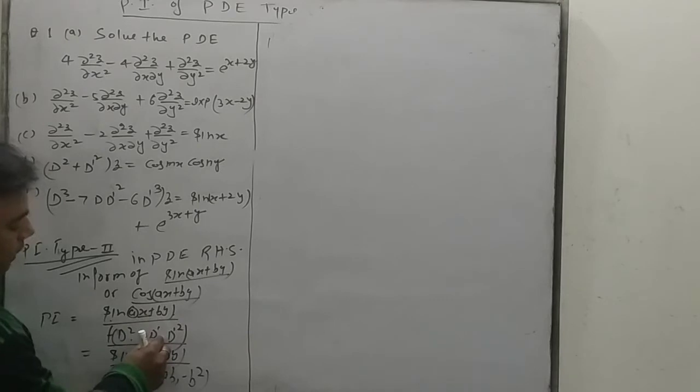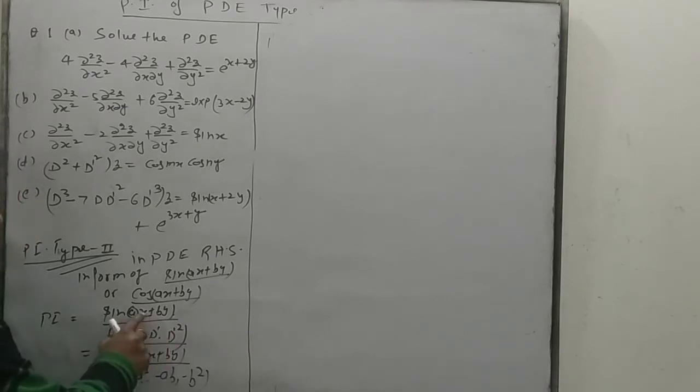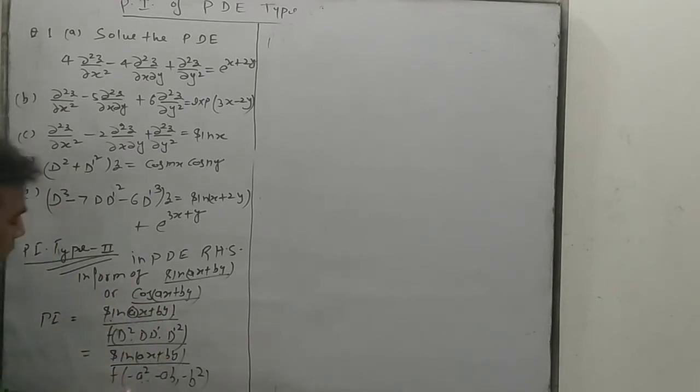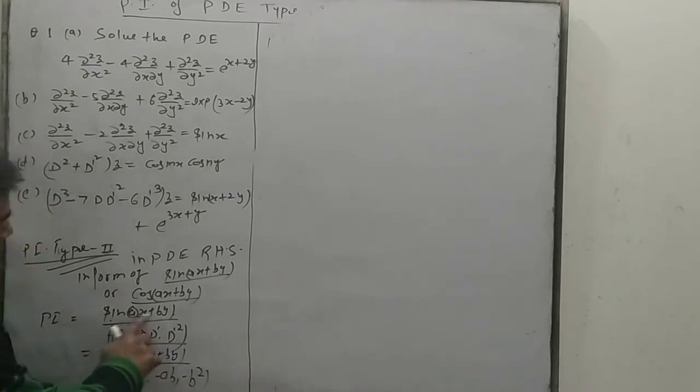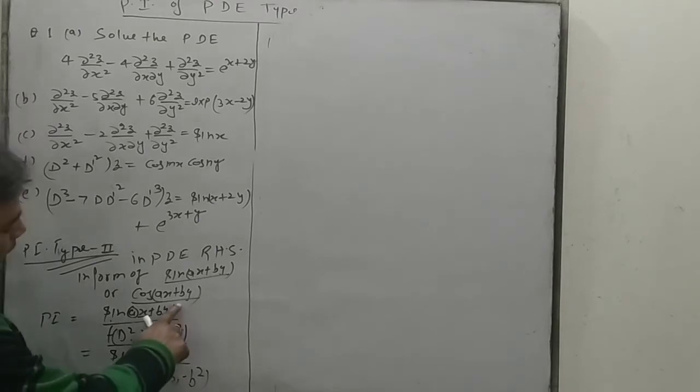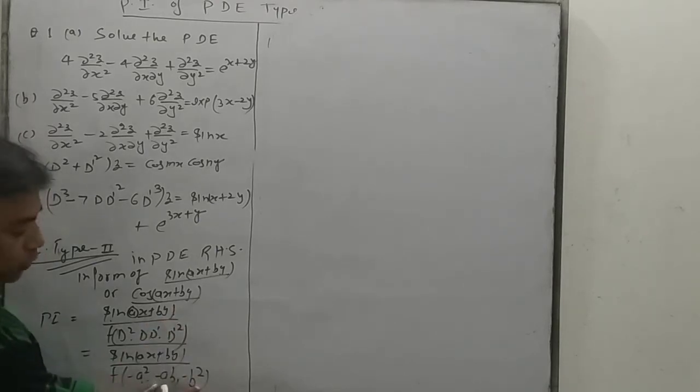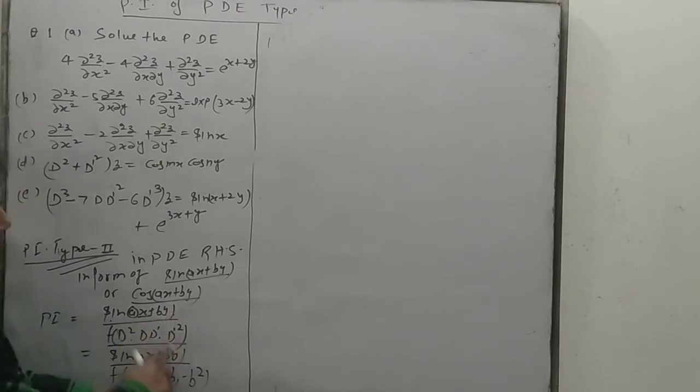So D square becomes a square, then the minus sign. D is the coefficient of x and D dash is the coefficient of y, so D D dash becomes ab, first the product ab and then the minus sign. Similarly for D dash square, it becomes b square, the coefficient of y, then the minus sign.